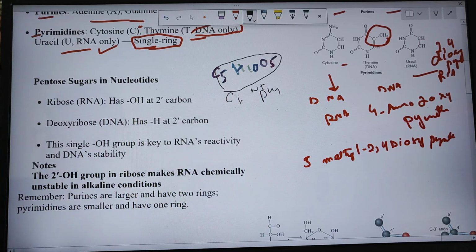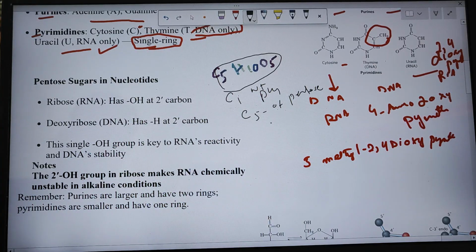The nitrogenous base is added at the carbon number 1 of the pentose sugar, and the phosphate group is added at the C5 of the pentose sugar.